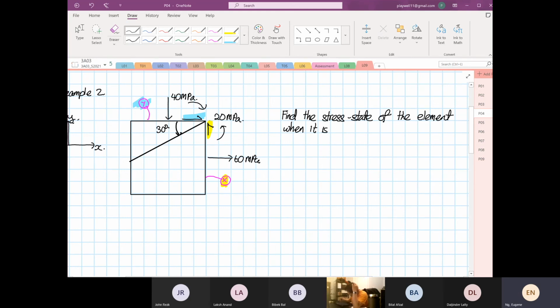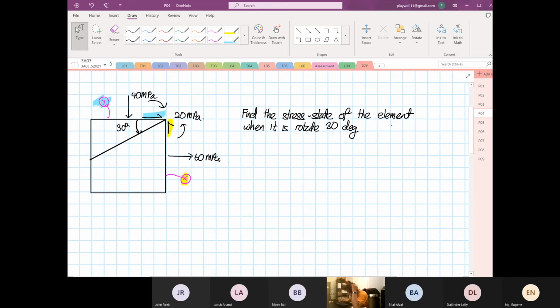Always rotate 30 degrees clockwise. Sorry, anti-clockwise, or counterclockwise, from the horizontal axis.